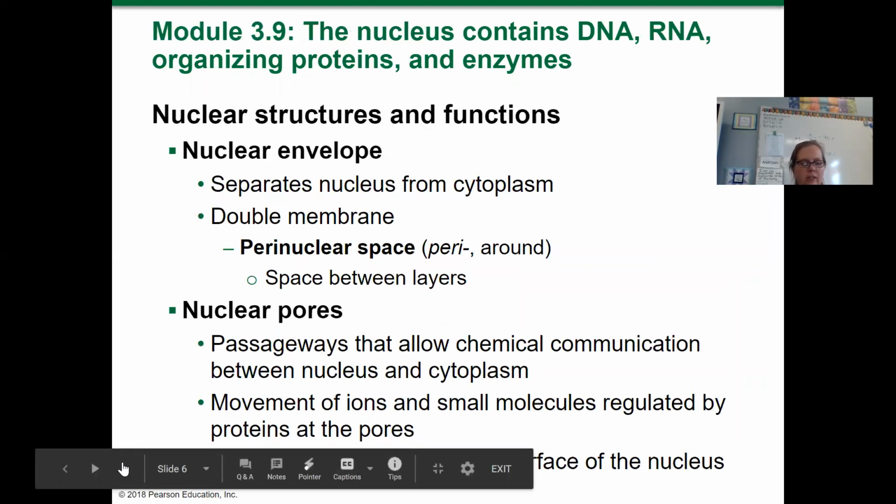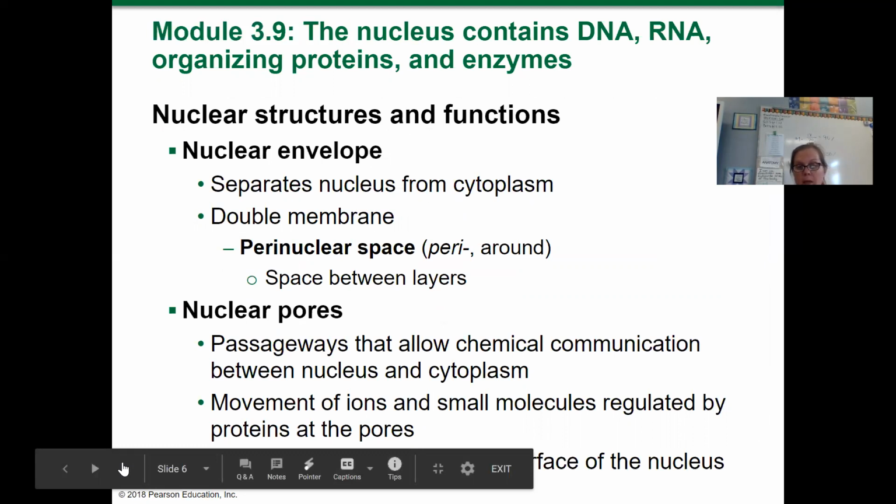All right, the next section is all about the nucleus and the nuclear membrane and some of the more particular structures inside. The nuclear envelope or nuclear membrane surrounds the nucleus. It is a double membrane bound organelle, so there is some space in between. They do have pores.